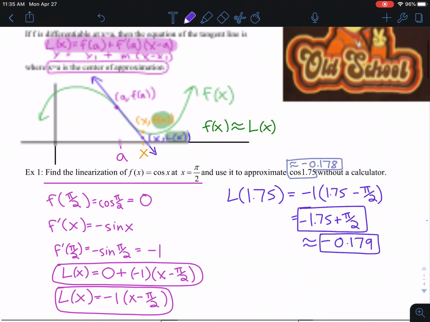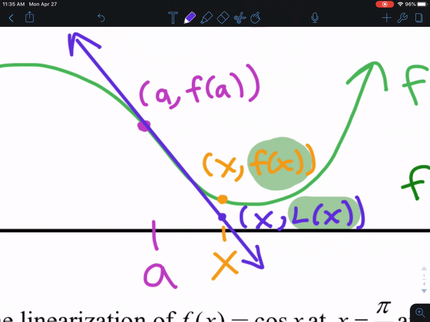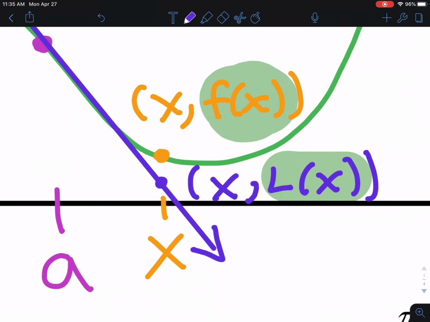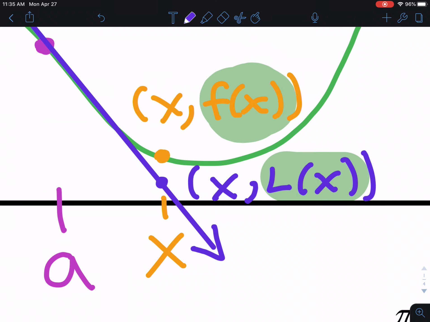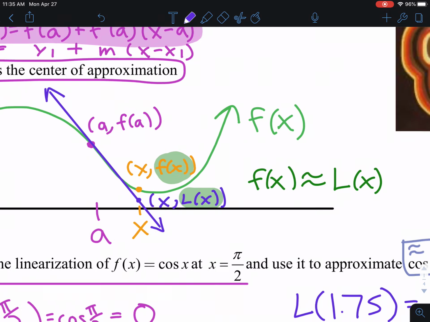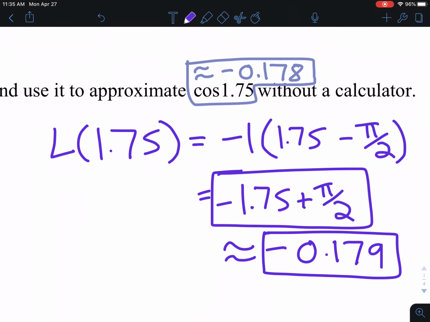And all we did was we found a nearby tangent line, where a in our example is pi over 2, and we took some other x value and plugged it into the tangent line we got from that. And we were able to come up with a pretty good approximation that's just 1/1000th off of the actual answer, right? That's pretty impressive, okay?